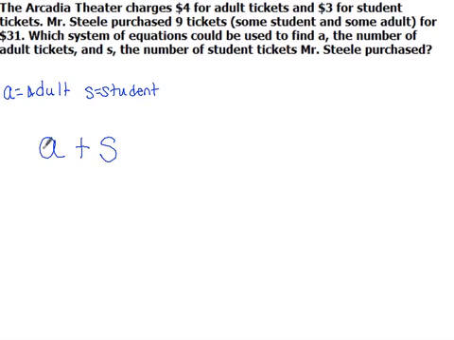So if we take all the tickets, put them in a pile, all the adult ones, add to it all the student ones, how many tickets did we buy? Okay? We bought 9 tickets. So Mr. Steele purchased 9 tickets. So we know all the tickets, adult plus student, will equal 9.